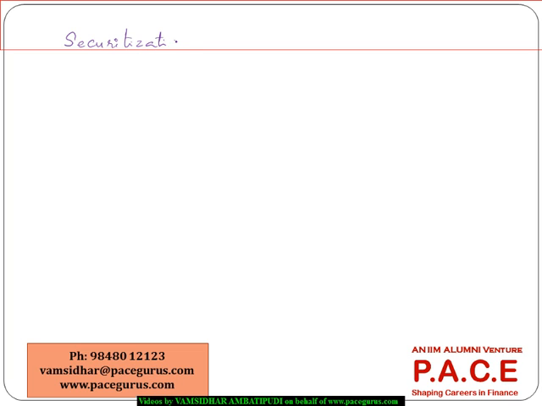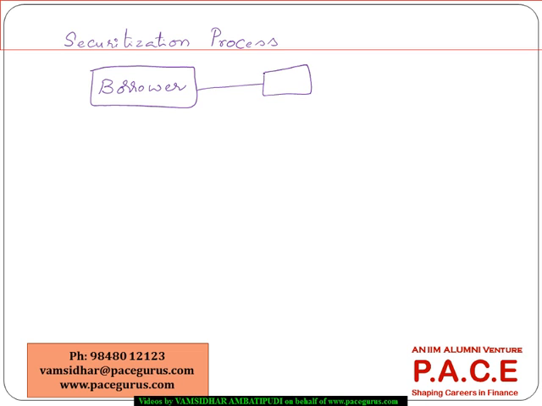Securitization process. Now, it all initiates with the borrower. Let's say a home loan borrower is there, someone who wants to purchase a house, but requires funds to purchase it. So he approaches a bank for a mortgage.